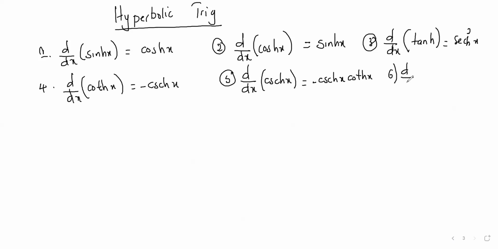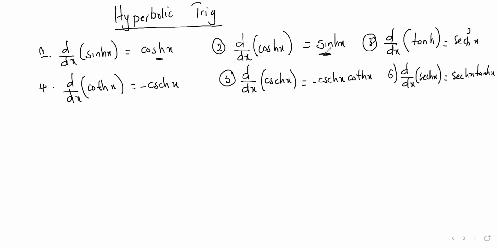And the sixth one is for sech, is going to be the same. So these, they don't change at this point. They are almost similar. So the only difference we have between these and the hyperbolic and the original cos and sine is on the initial one. This one, fine. But this one, remember, for the cos and sine, we are going to have a negative here, but we don't have it. Okay.